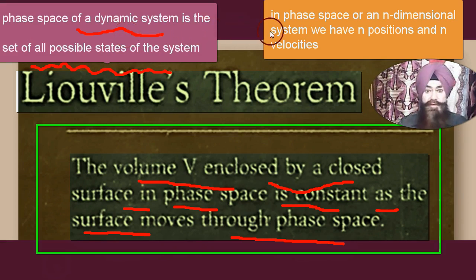Now, a phase space is an n-dimensional system in which there are n positions and n momenta, or n velocities. So it's an n-dimensional system.